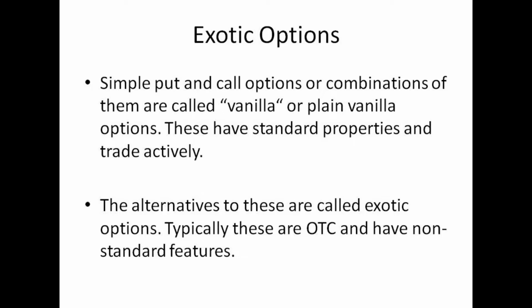Exotics tend to trade an awful lot more in Europe than they do in the United States, for example. And one of the reasons for that is just that there's a bigger business in structured products in Europe than there is in the United States, and a lot of that relates to laws. So it's easier to sell a product to an end investor that includes a derivative in Europe.